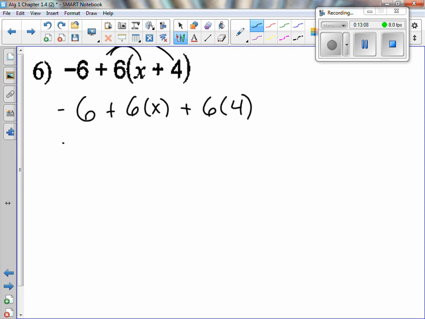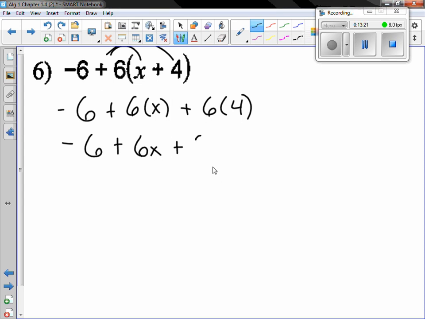So here, the negative 6, there's nothing happening to it. Well, what's 6 times x? It's just 6x, yes? 6 times 4 is what? It's 24. So what are our like terms? Negative 6 and 24. These are our like terms, aren't they? Because do they have any variables with them?